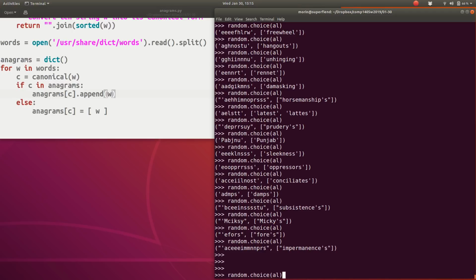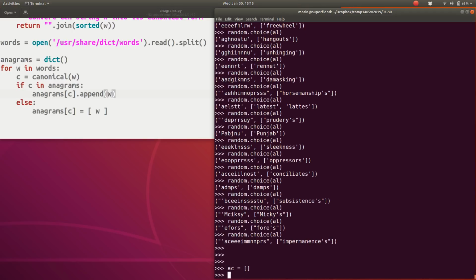So we'll call this the anagram counter. It's another way of putting these things in a list. And what we'll do is we'll store a pair, which is the number of anagrams for that particular canonical form. Okay?